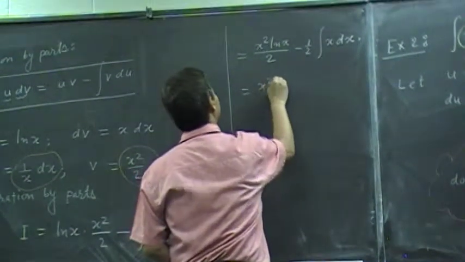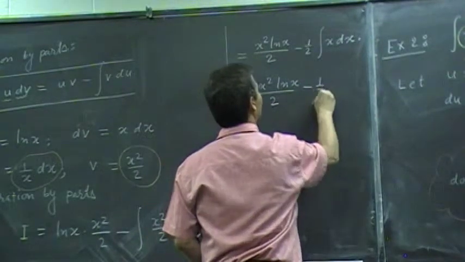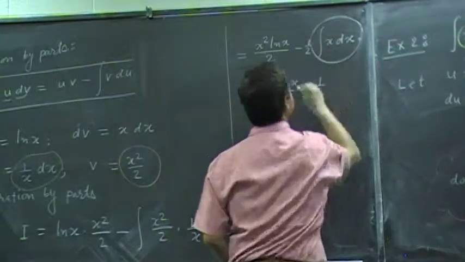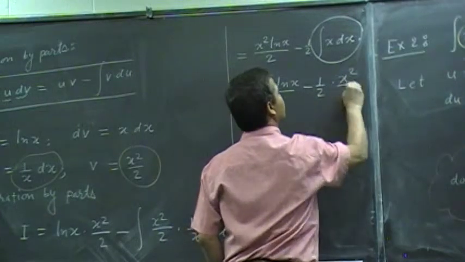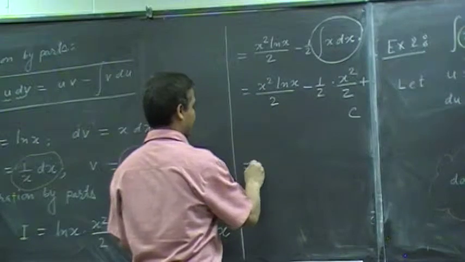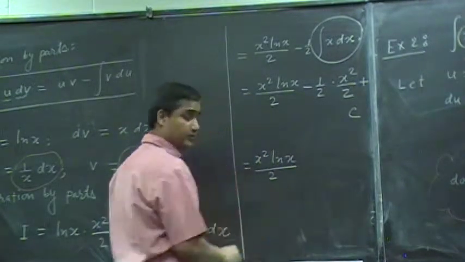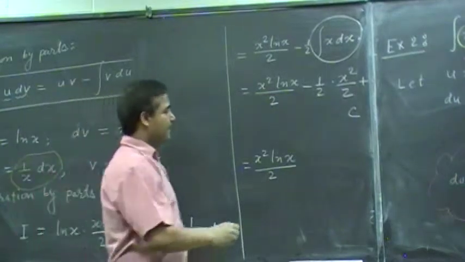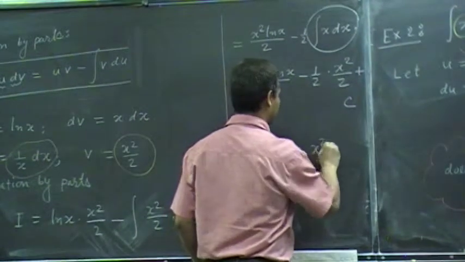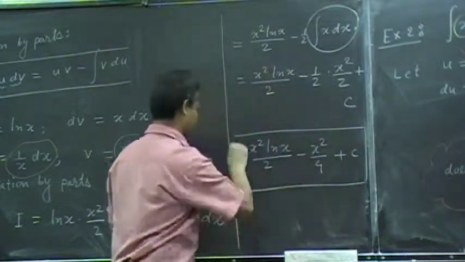That is x squared natural log of x over 2 minus half the integral of x dx, which is x squared over 2 plus the constant of integration. That is x squared ln x over 2 minus x squared over 4 plus the constant of integration.